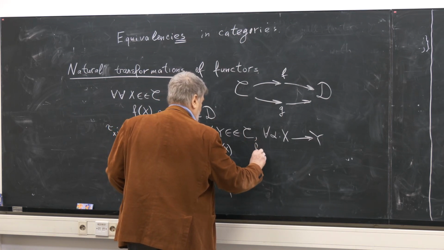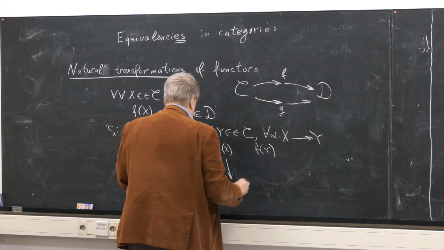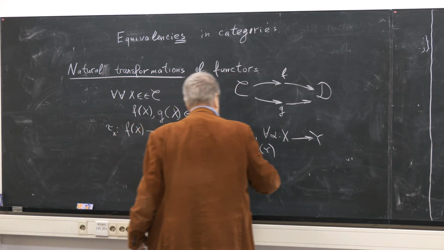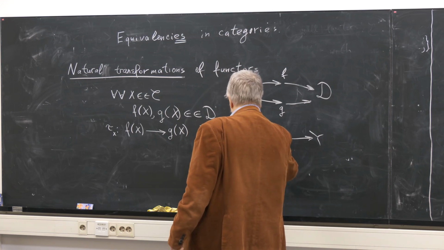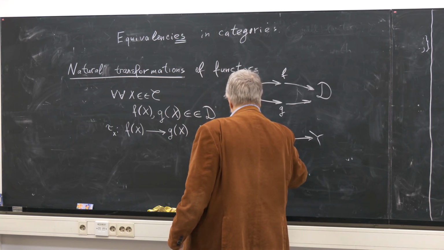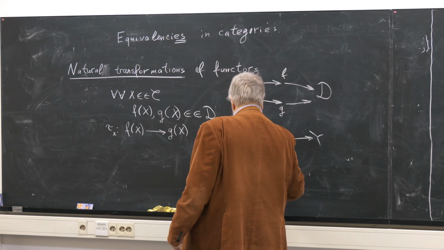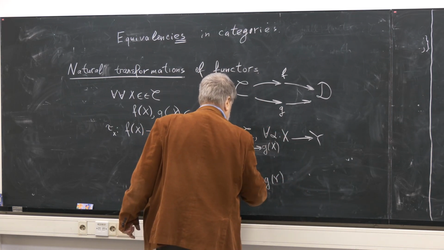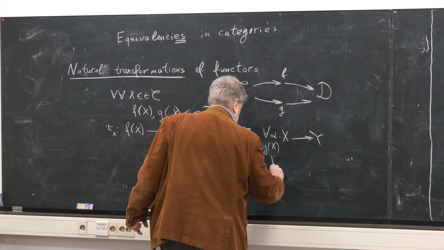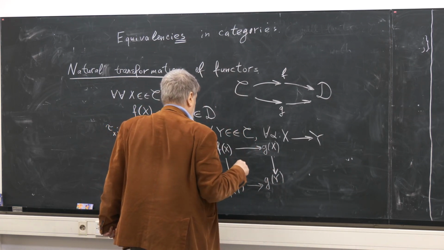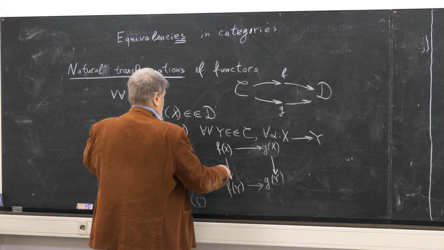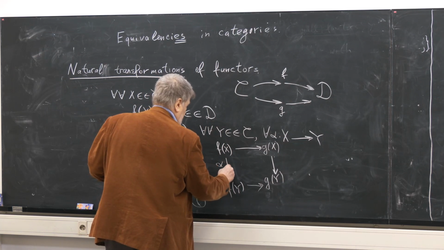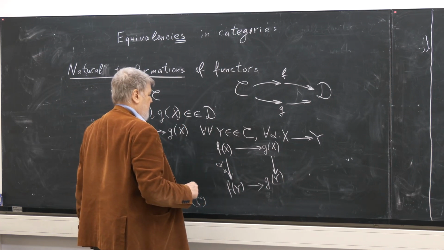So besides that we have F of y, the square is constituted, and then there is G of x and G of y, and there should be the appropriate names for all the arrows. So whenever we have alpha, we denote in a standard way alpha lower star.